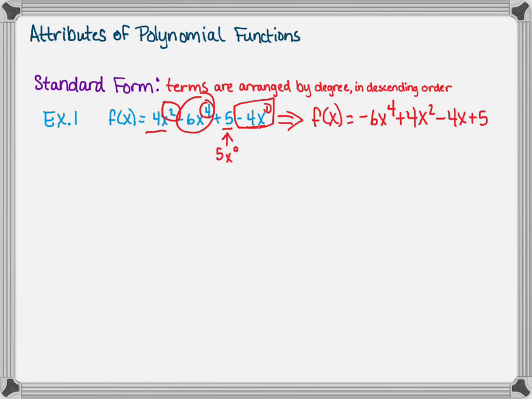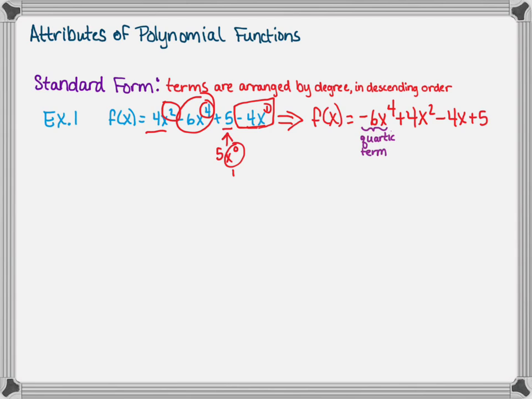And remember, our constant can be written here as 5 times x to the 0 power. So our constant has a degree of 0, because x to the 0 power is 1. So this first term that had an exponent of 4, negative 6x to the fourth, is our quartic term.